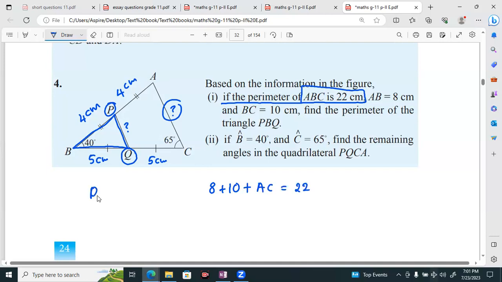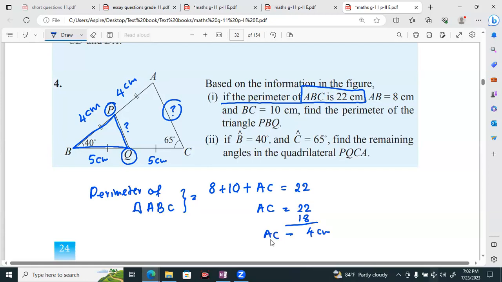This is the perimeter of triangle ABC. Okay, then 8 plus 10 is 18. Then AC equals 22 subtract 18. It is 4 centimeters.